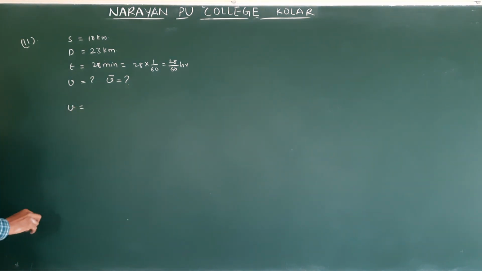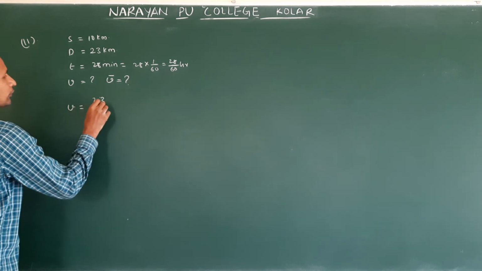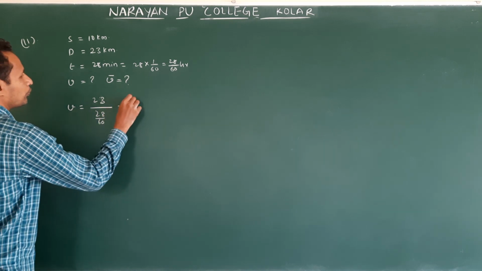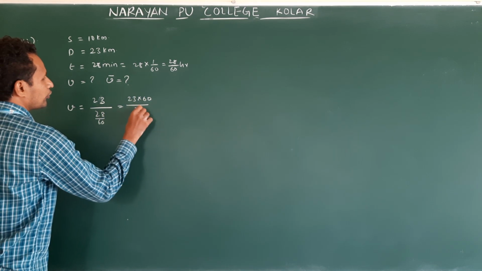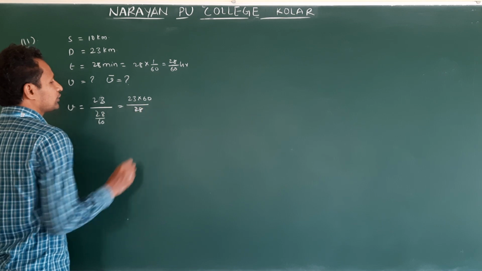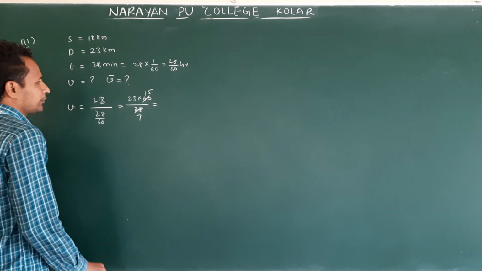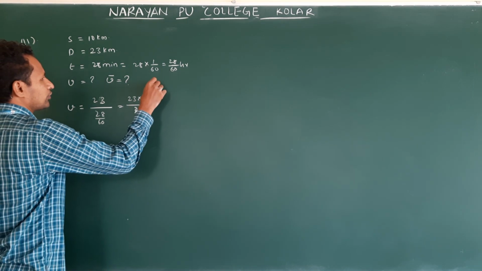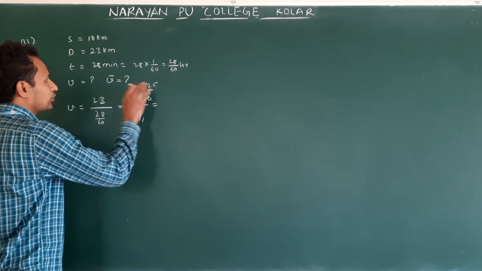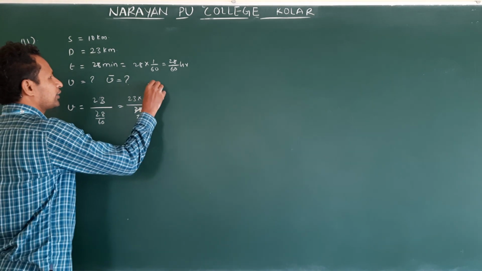Now first, V. What is the average speed? The total path length followed divided by the total time taken. What is the path length followed? 23 by the time taken, 28 by 60. 60 goes up: 23 into 60 by 28. 60 by 28 is how much? 4 sevens are 28, 4 15. Clear? 7 ones are 7, 7 twos are 14, 1 is there, 0, 2.1.